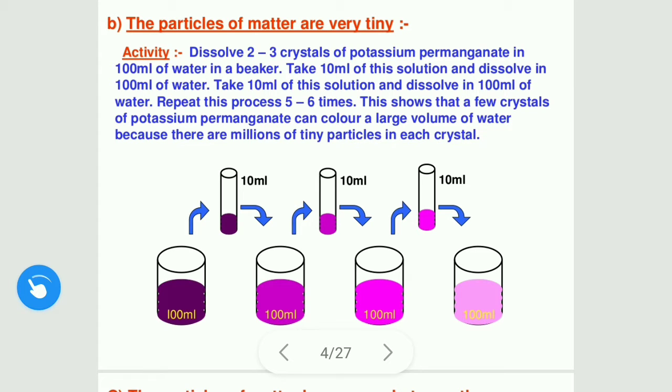The second activity is to prove the particles of matter are very tiny. To prove this, we will dissolve 2 to 3 gram of crystals of potassium permanganate in 100 ml of water. Now, from the prepared solution of 100 ml, take 10 ml and dissolve it in another 100 ml of water.